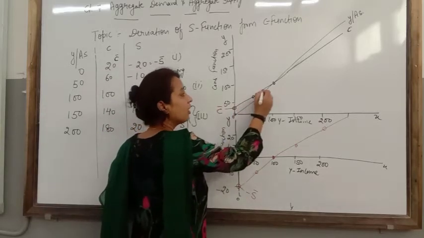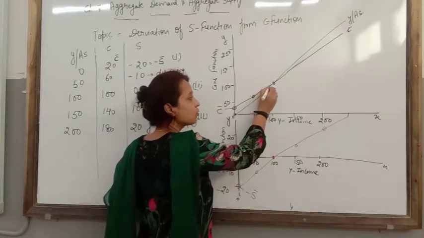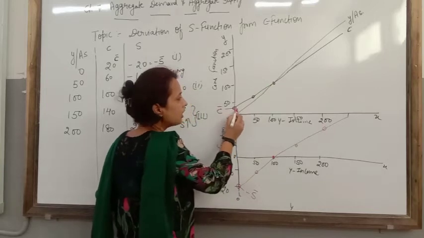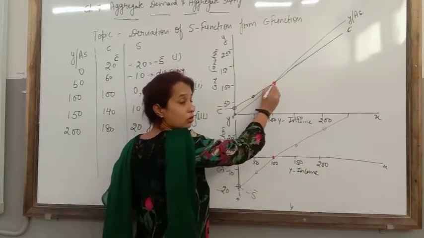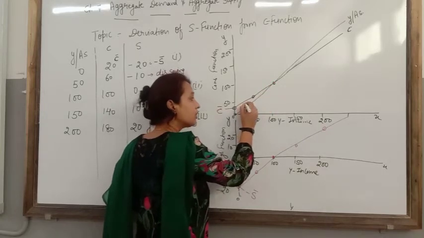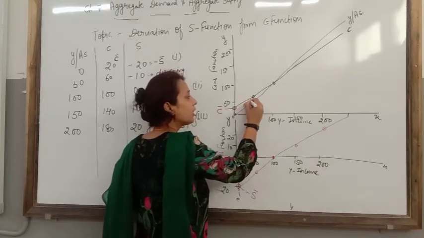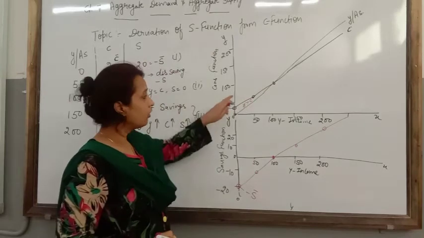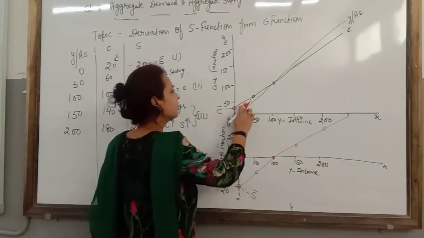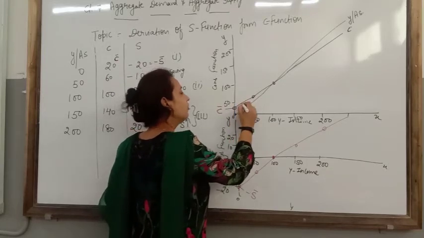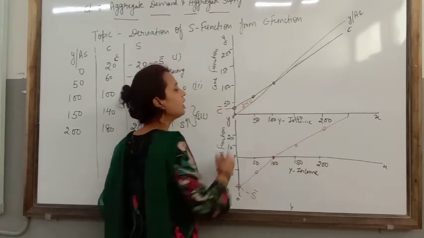When your income increases, your consumption is also increasing. You can see very easily that when your income is increasing, your consumption is also increasing. But here Y is less than C. Clear? Why?